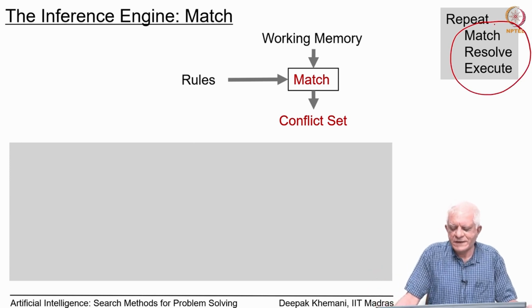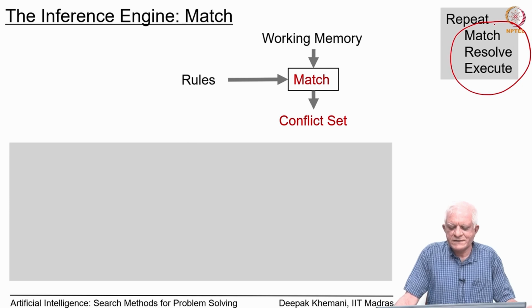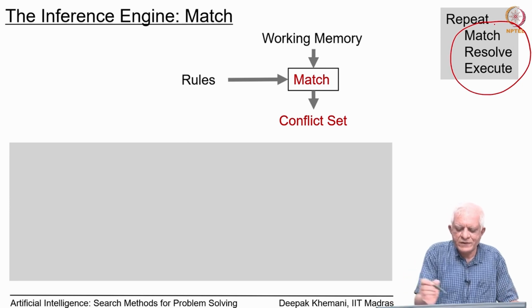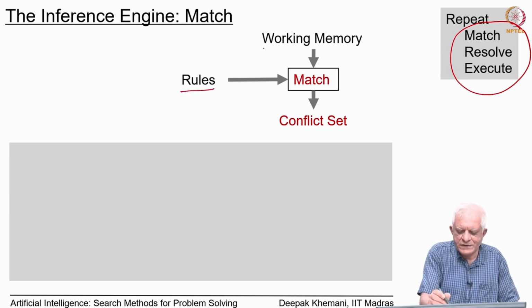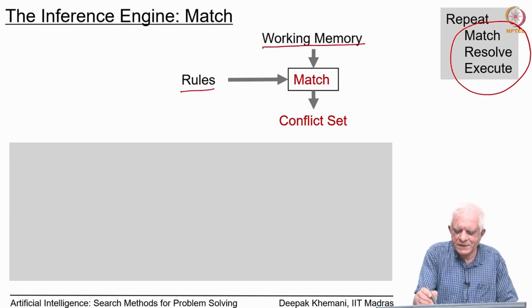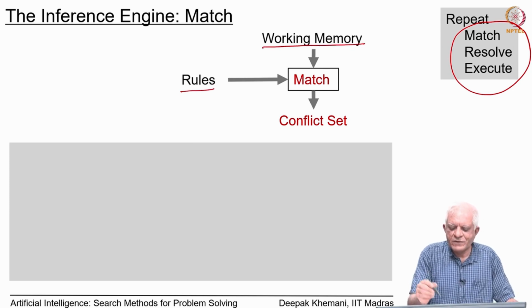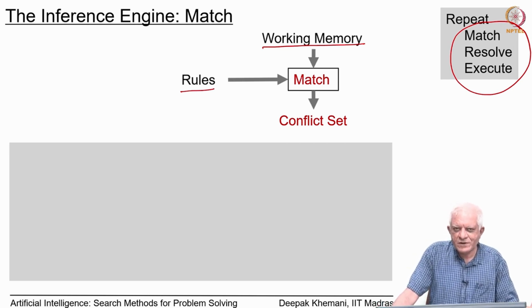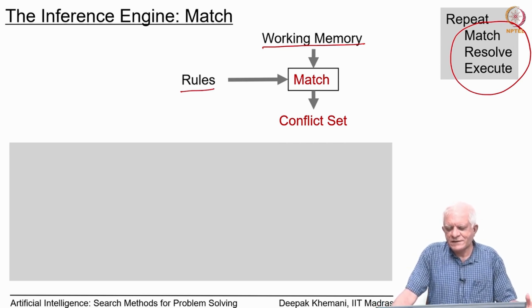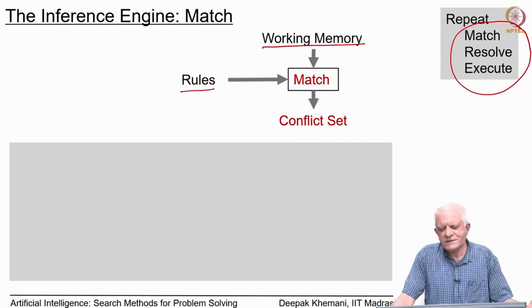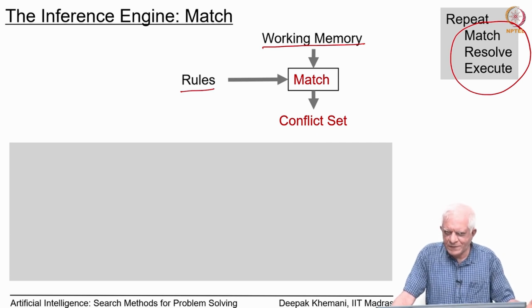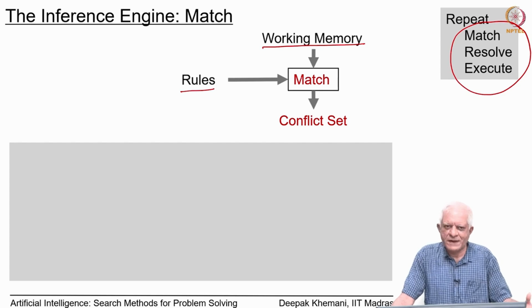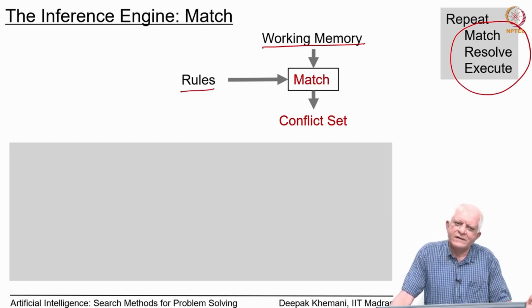The first step is called match, in which, as depicted here, you take a set of rules, you take the working memory, apply the match algorithm, and what you get is something called a conflict set essentially. So, that is the first of the three steps that we do, and that is called match essentially. And the inference engine is typically an infinite loop of match, resolve, execute. So, it just keeps doing that: match, resolve, execute, match, resolve, execute.